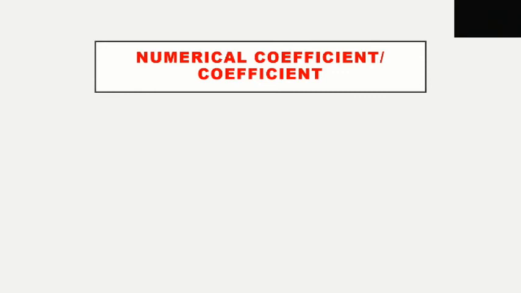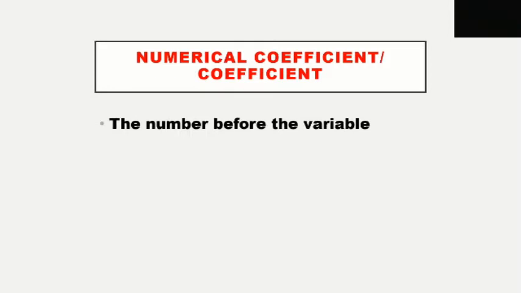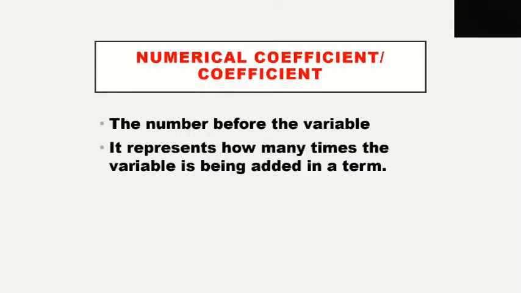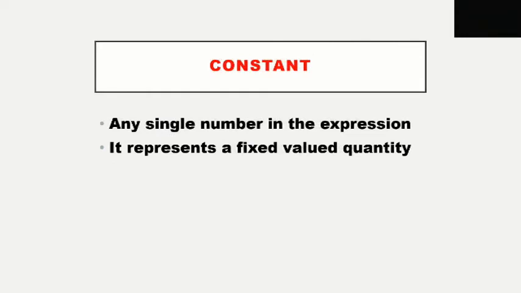Numerical coefficient, or most commonly known as just coefficient, is the number before the variable. It represents how many times the variable is being added to itself inside a term. Constant, any single number in the expression, represents a fixed-value quantity.